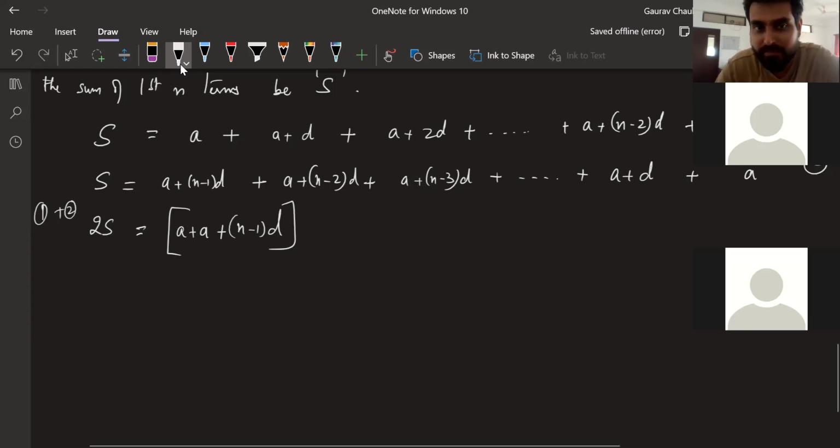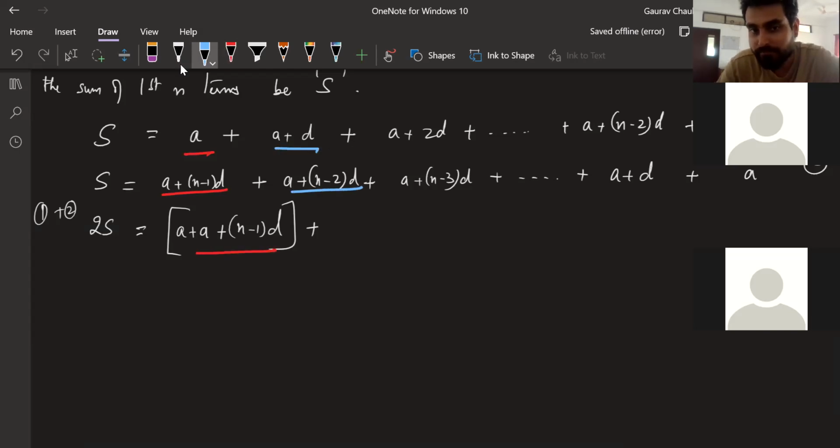Notice what's happening in the second one. This is first one plus first one. Let's do second one plus second one. What are you getting? You are going to get A plus D plus A plus n minus 2D. Opening the second bracket, nD minus 2D plus D minus 2D will give me how much?